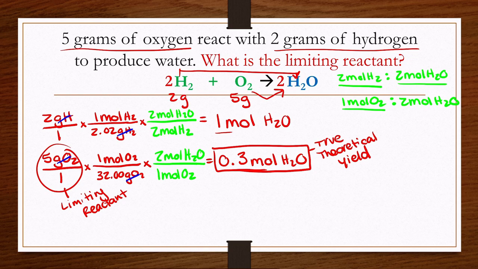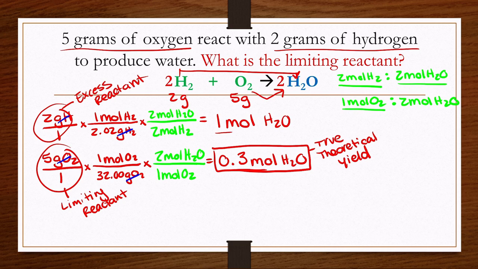All right, which means that hydrogen here is going to be my excess reactant. So I know I'm going to end up having leftover hydrogen. I'm going to use up all of my oxygen, and in the process, I'm only going to be able to produce 0.3 moles of water.